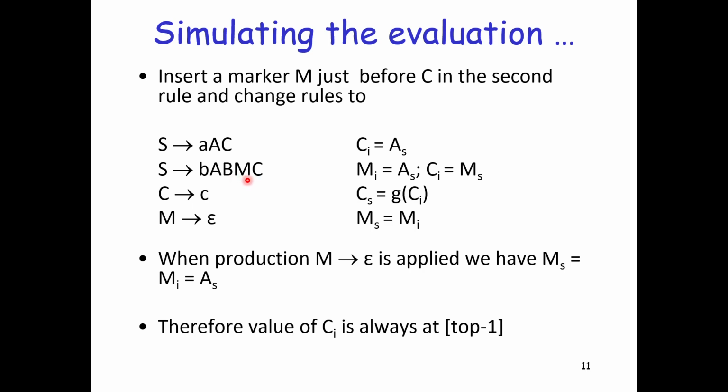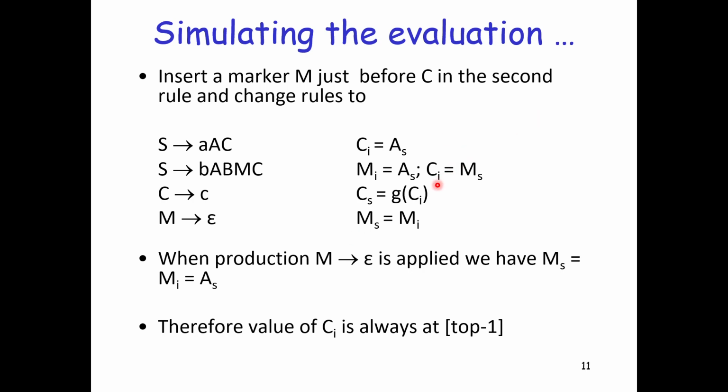Here we have introduced a marker. We have introduced the rules also, Mi equal to As, Ci equal to Ms, and whenever we introduce a marker, we have to introduce that M gives epsilon, with Ms equal to Mi. When production M gives epsilon is applied, we have Ms equal to Mi, that is equal to As. So it is coming from this As to Mi to Ms, and from that it is going to Ci.